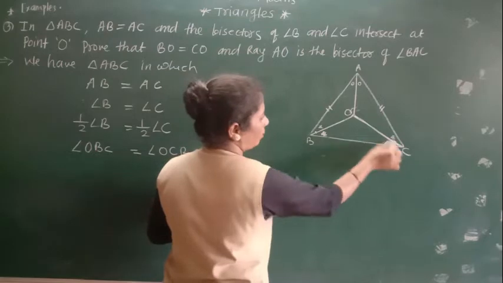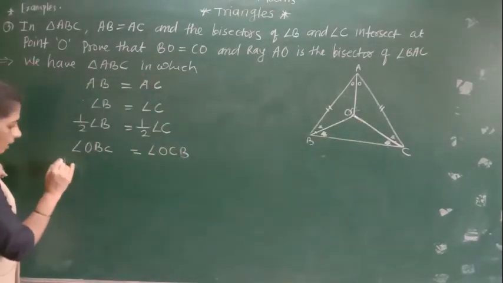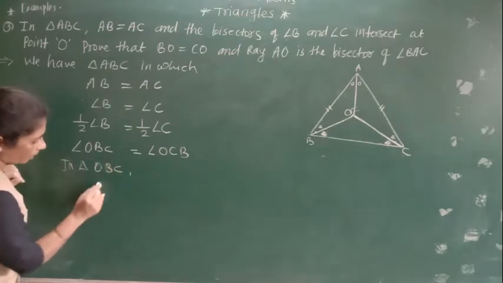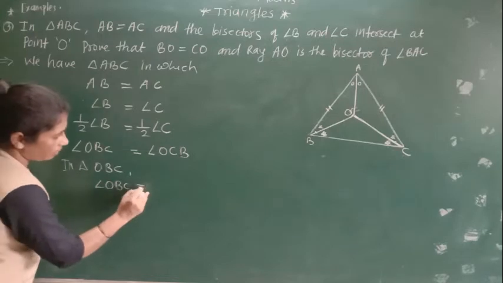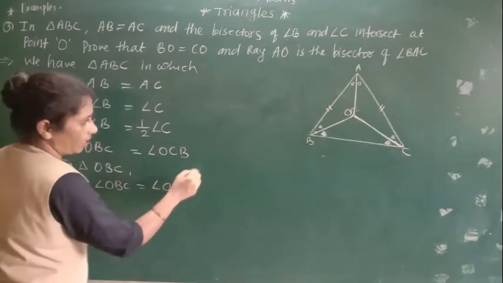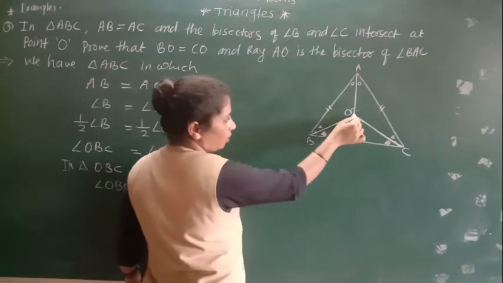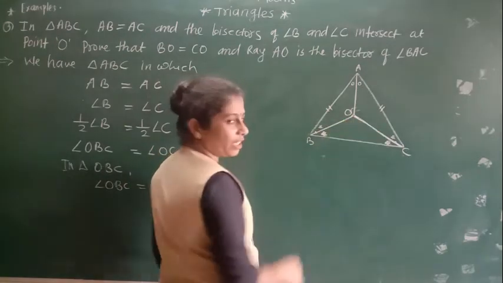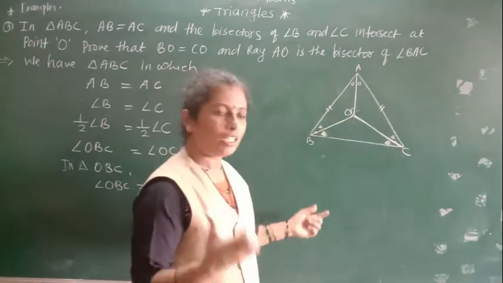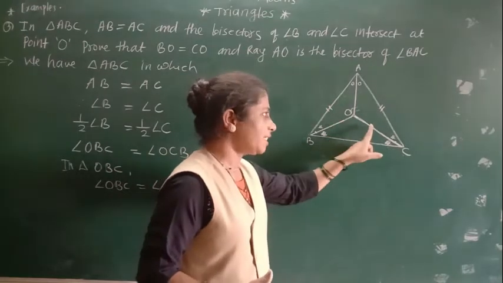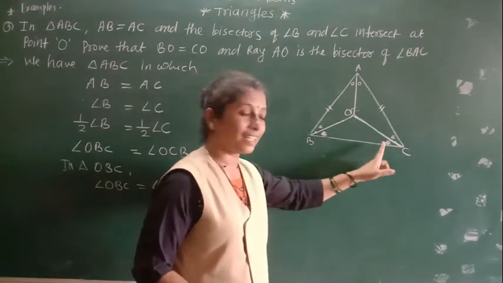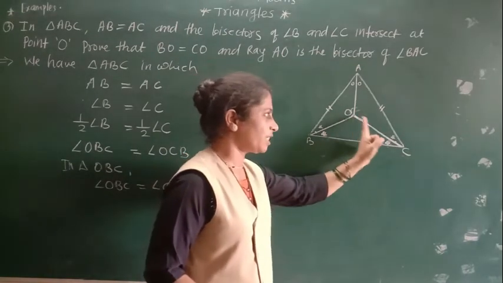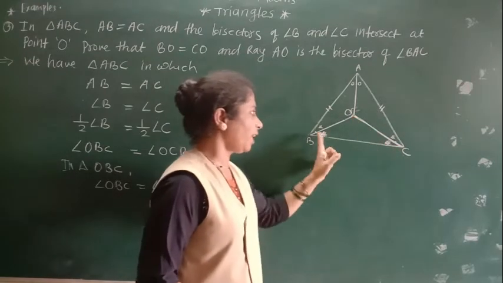So now if you think about this triangle OBC, what we have got here: angle OBC equals angle OCB. This we have got, right? So can we write OB equals OC? Yes. Which property will we use here? Of course we will use sides opposite to equal angles, because these angles are equal and these are the opposite sides of these angles. Angle OBC has opposite side OC and angle OCB has opposite side OB.